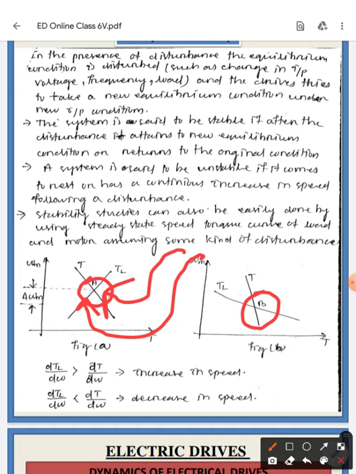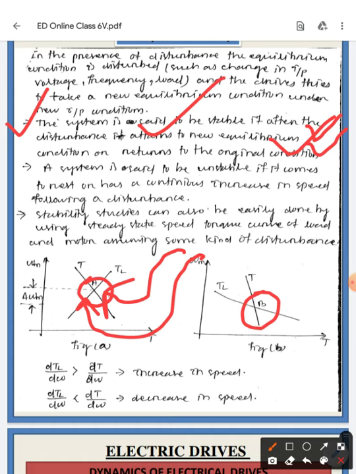So here you can see the system is said to be stable if after the disturbance it returns to the new equilibrium condition or returns to the original conditions as previous.